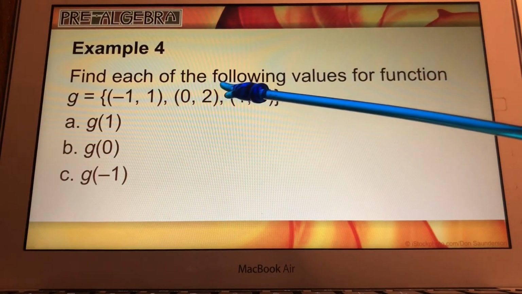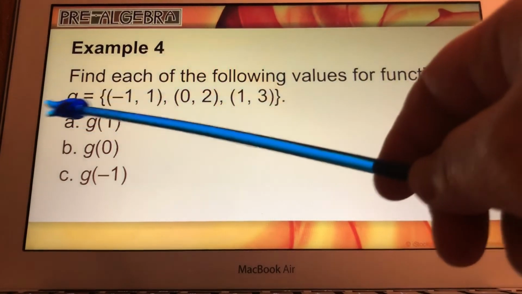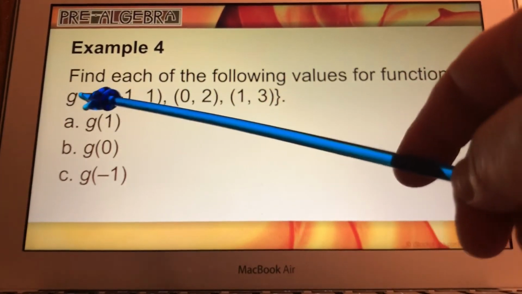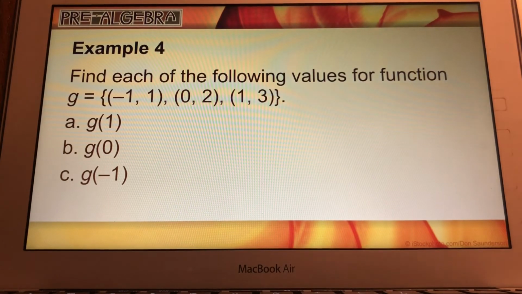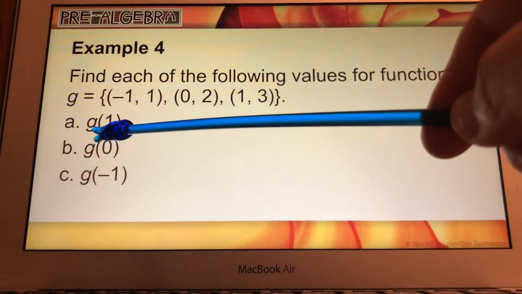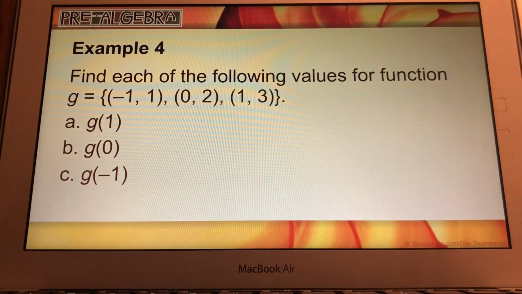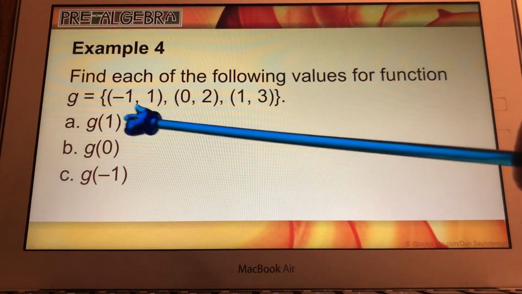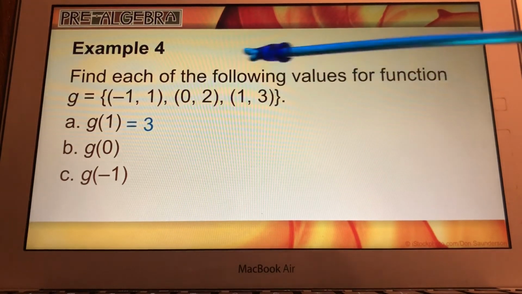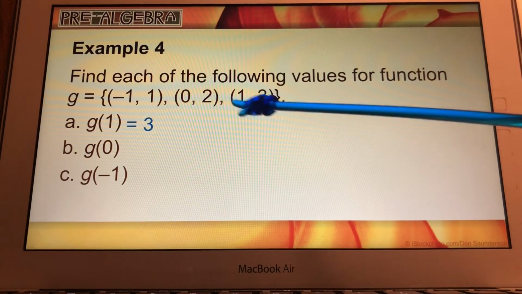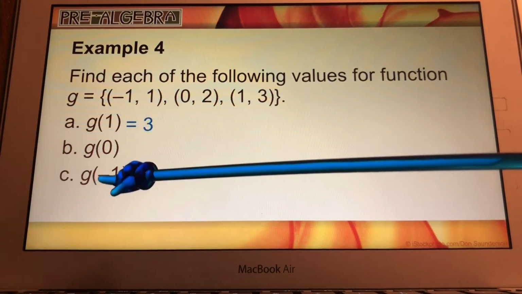Okay, now it says find each of the following values for the function. Relation g, or function g, is equal to negative 1, 1, 0, 2, 1, 3. Okay, for function g of 1, that means g of x. So this is your x value. If x is 1, that's this ordered pair, and that's going to be equal to 3.